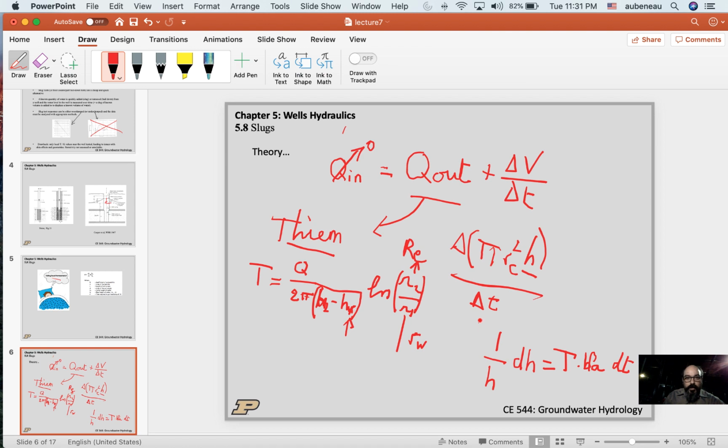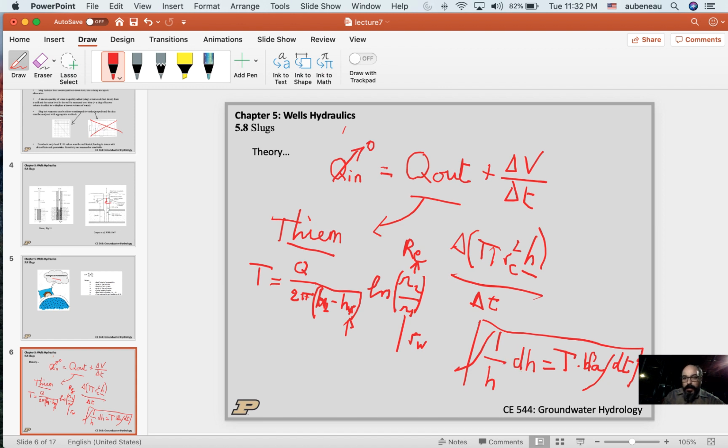Again, blah is a whole bunch of numbers. Basically, there's some pi's and some r's in there, but we'll see them in a minute. It doesn't matter, but we get this equation, and we can integrate both sides, right? So if we integrate this and this, we end up with the natural log of h at 2 points, and we have time.